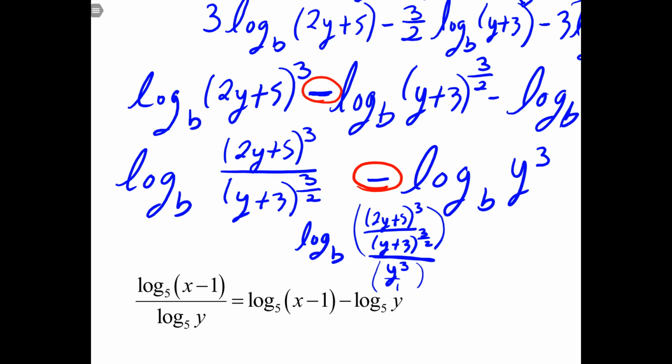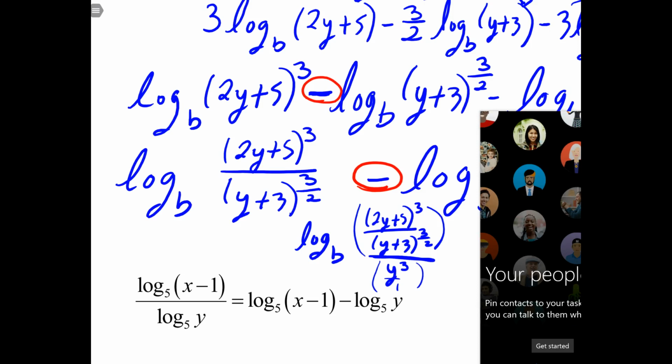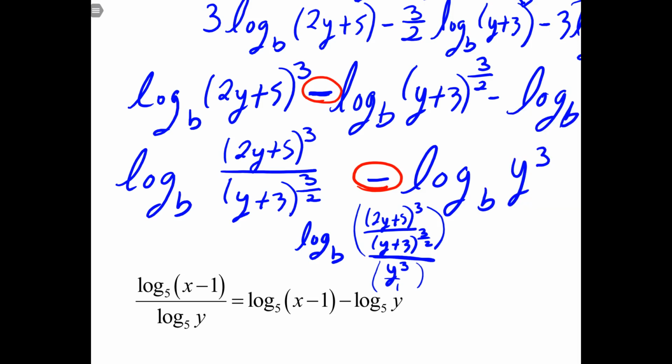So how do we simplify if we have a fraction divided by a fraction? Multiply by the reciprocal. Beautiful. So I would multiply this really by 1 over y cubed.